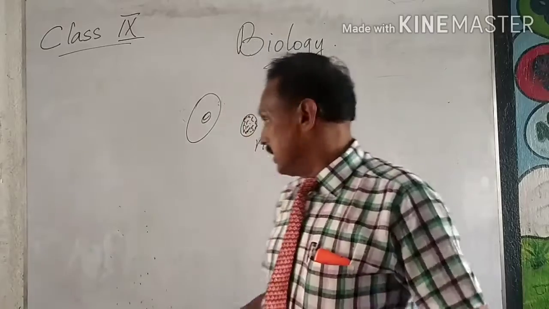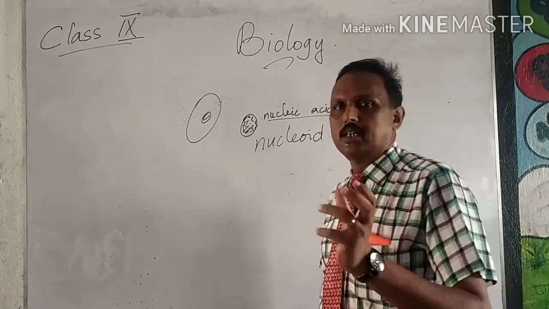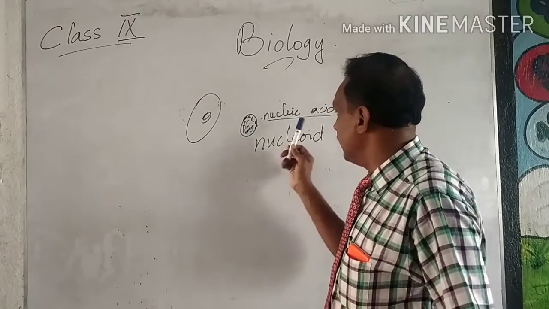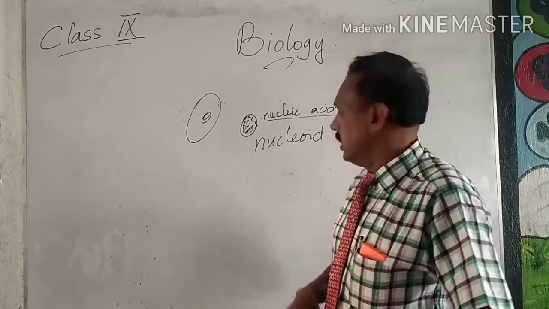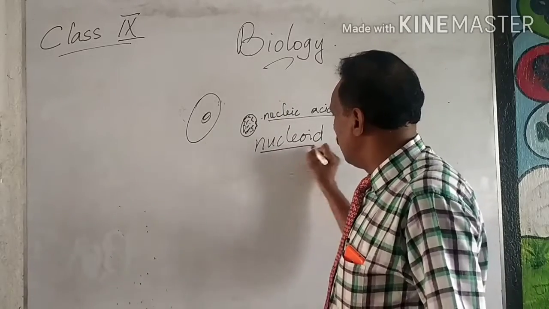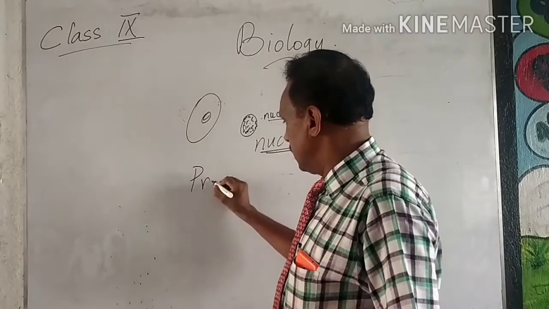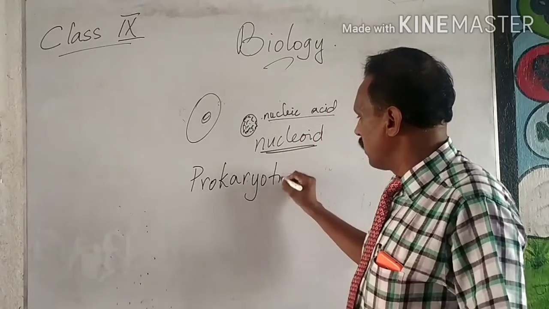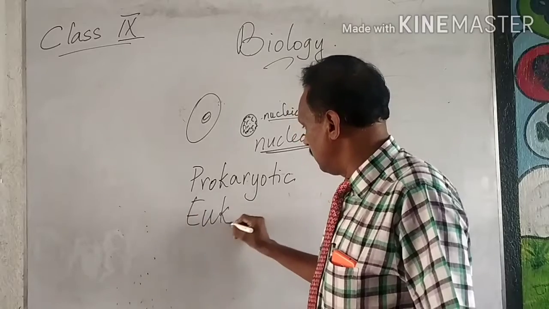In some of the bacteria, we find that the nucleus does not have a nuclear membrane, and it does not have the cytoplasm and all those things. It is filled up with just nucleic acid. There are two types of organisms, prokaryotic and eukaryotic.